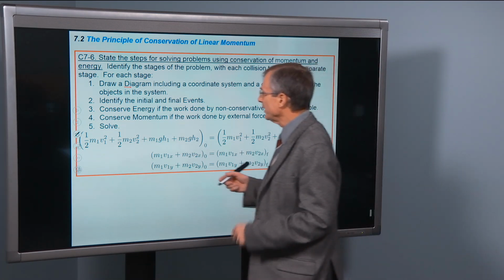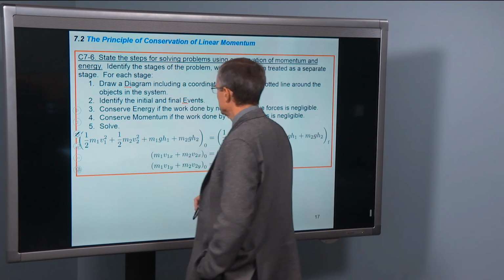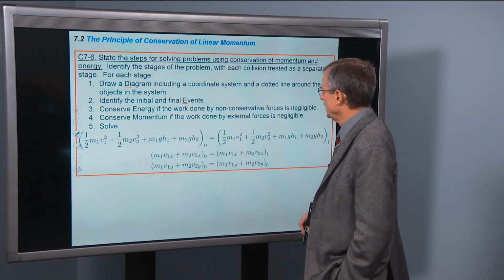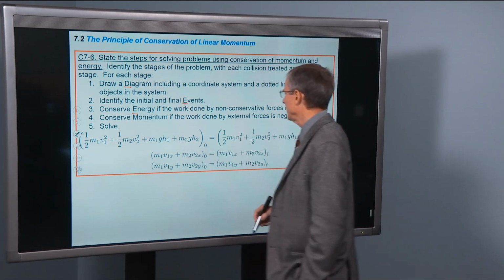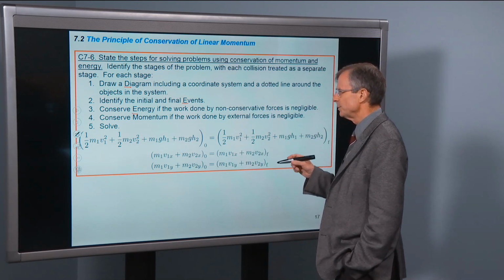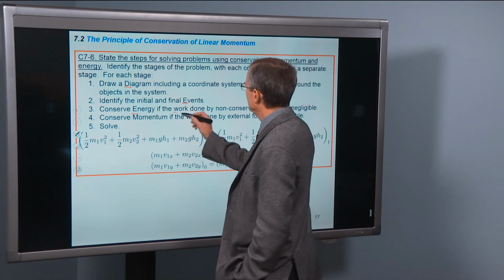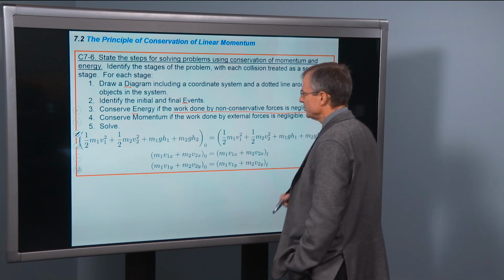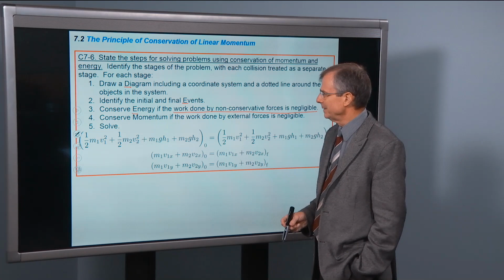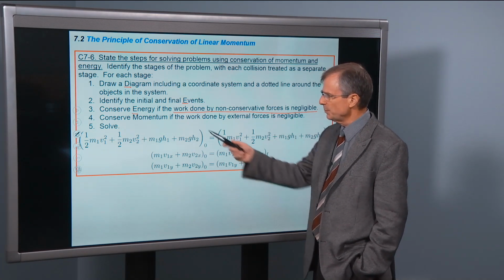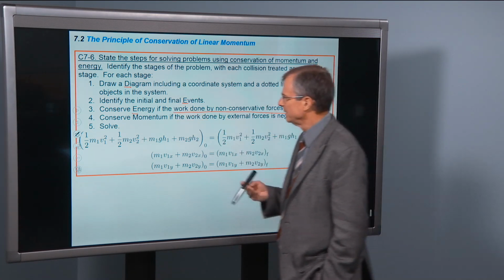All right, identify the initial and final events. Conserve energy if the work done by non-conservative forces is negligible. So when we talked about conservation of energy, we talked about work done by non-conservative forces. And if that work done is negligible, then you can conserve energy.